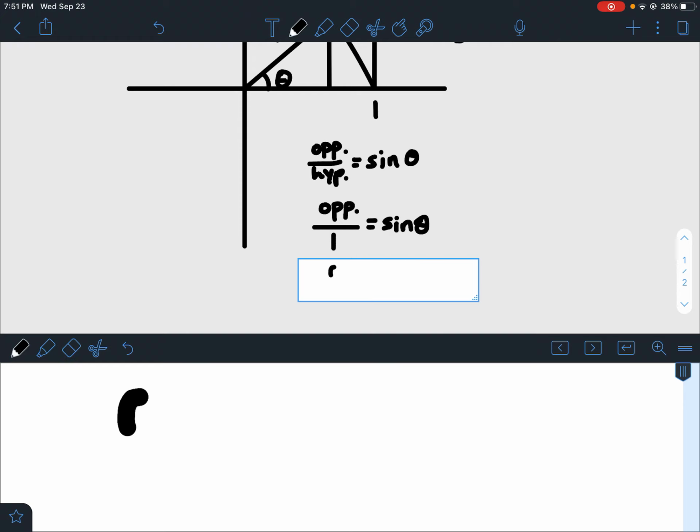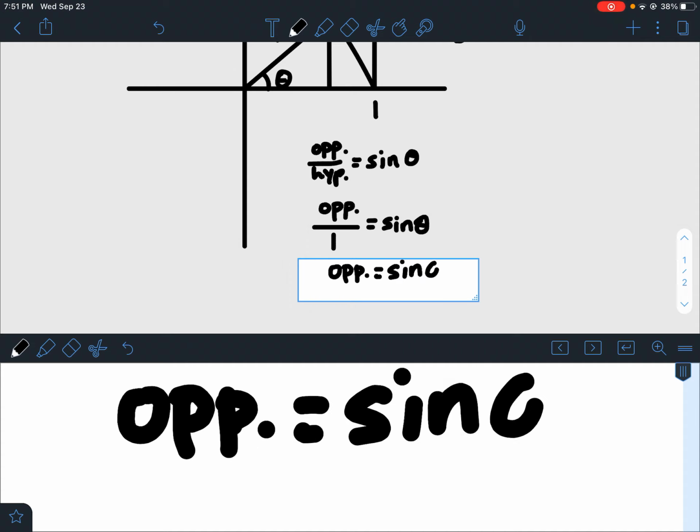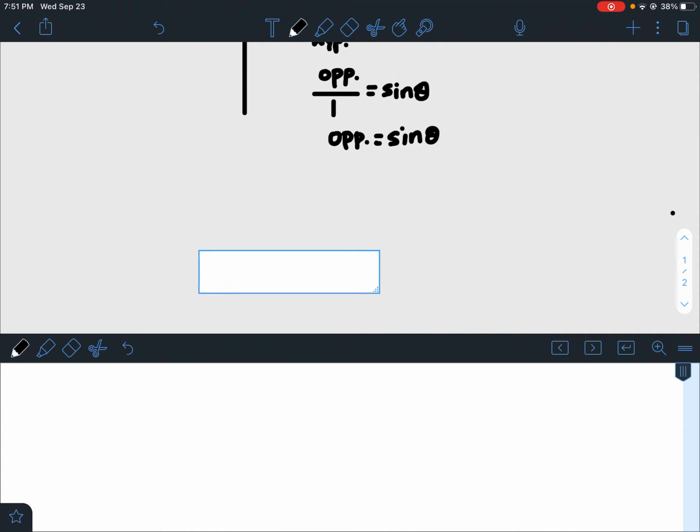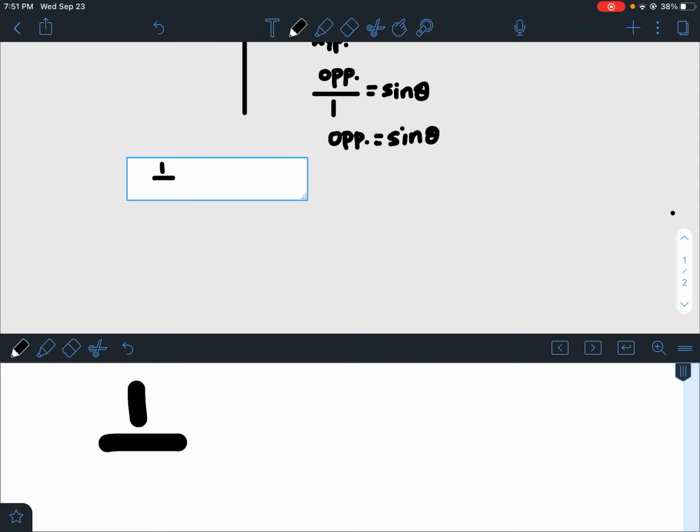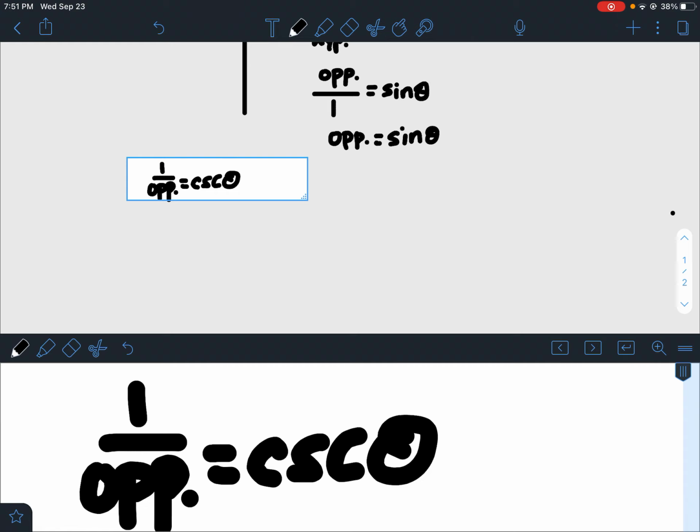Opposite is equal to sine of theta. So since the opposite is equal to sine of theta, that makes an interesting approach. Since that is equal to the opposite, we also have that 1 over opposite is equal to cosecant theta, right?